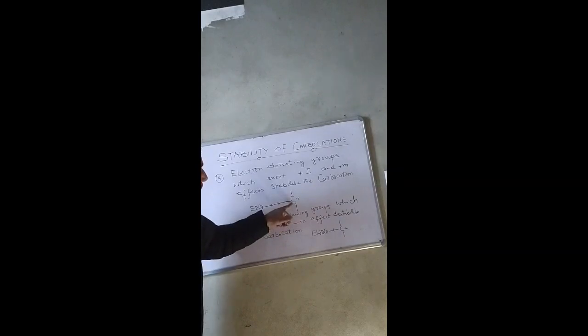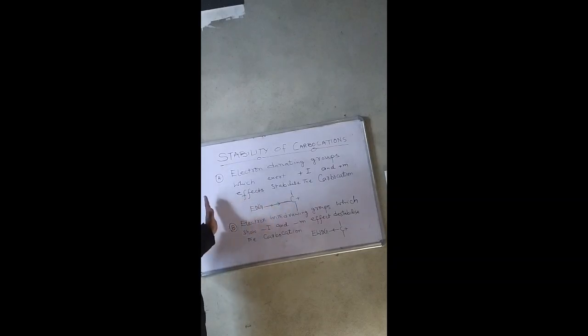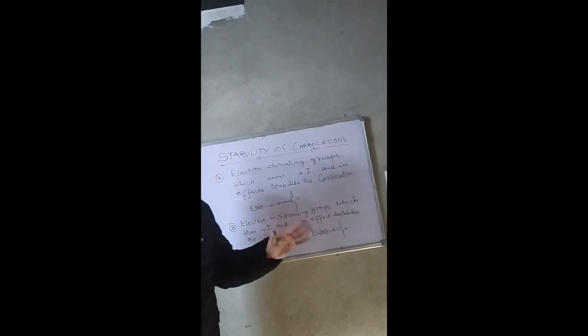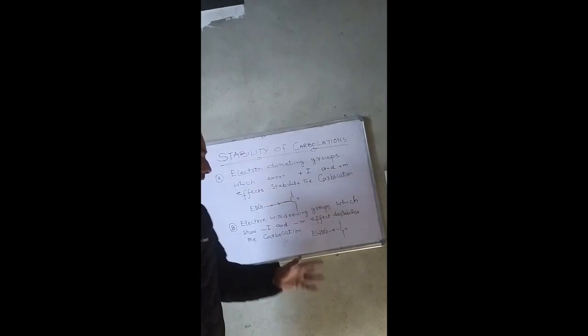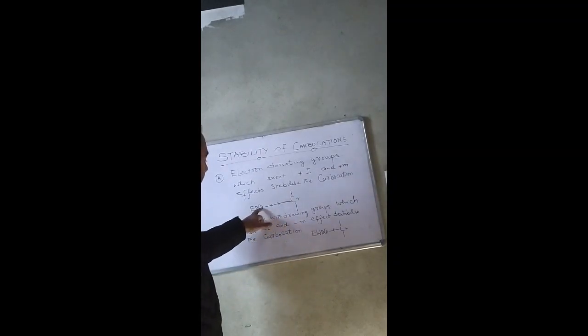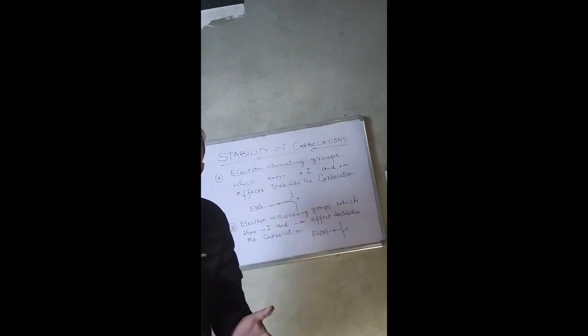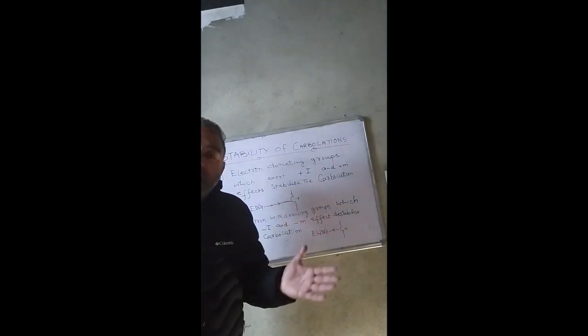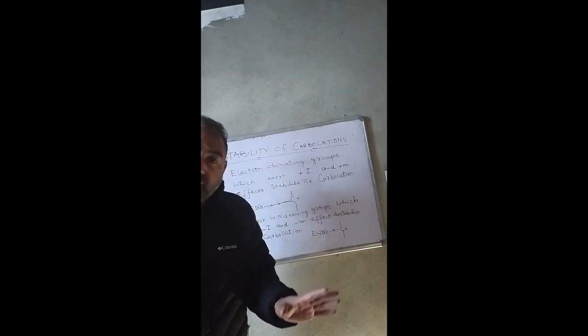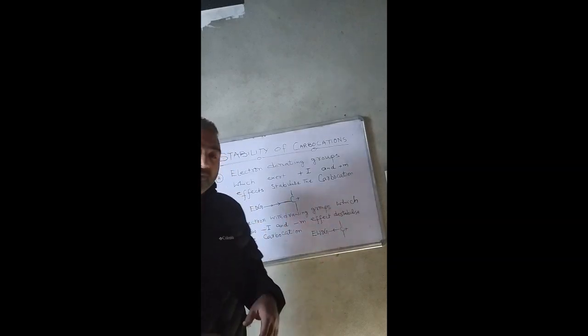You can see here, this carbon carries positive charge because it has only 3 covalent bonds. Adjacent to it, suppose we have an electron donating group which shows plus I effect or plus M effect. That electron donating group will decrease, neutralize the magnitude of positive charge. It will make the carbocation more stable, less reactive.